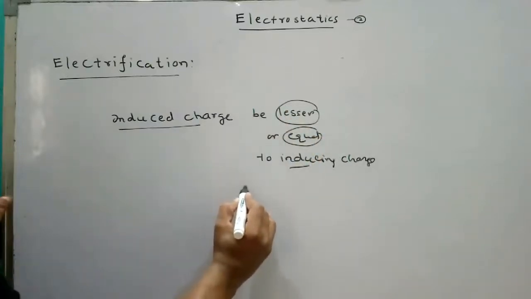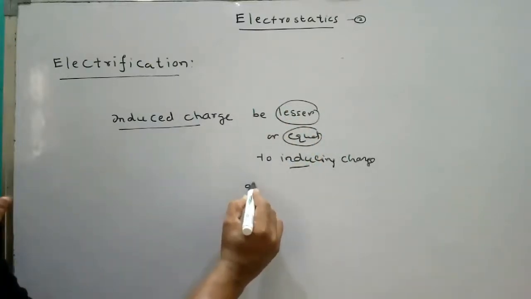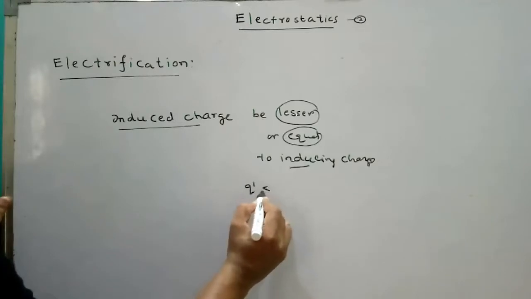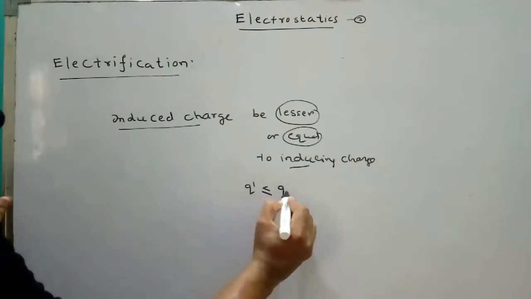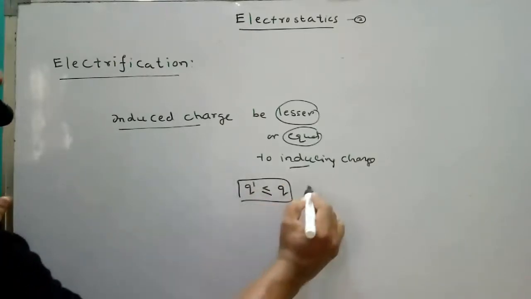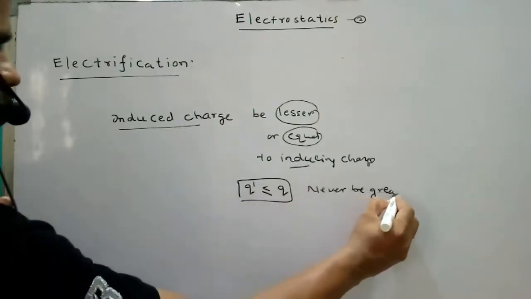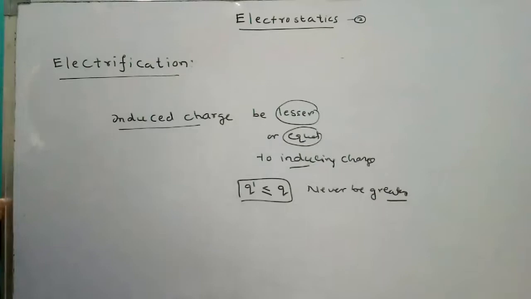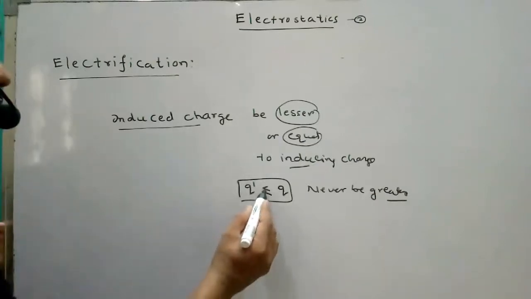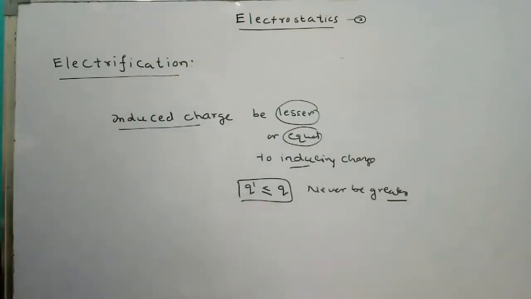That means induced charge Q dash is lesser than or equal to inducing charge. It is never greater. Either lesser or equal. So we have one equation here.